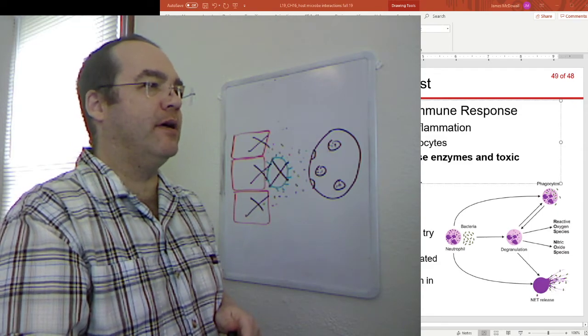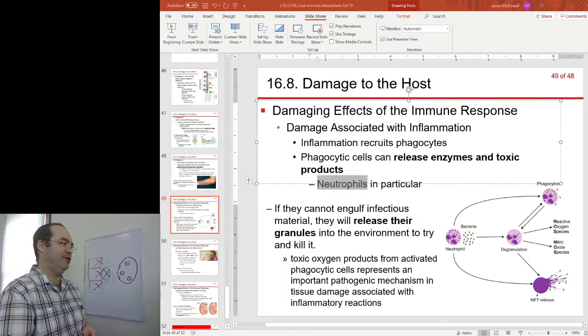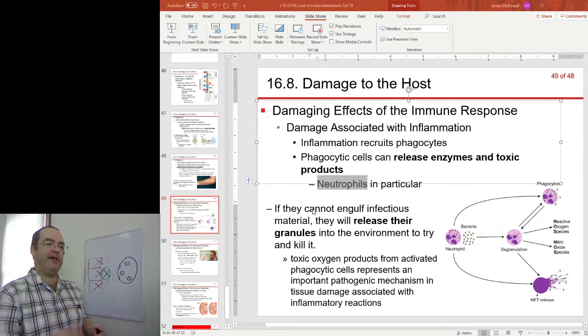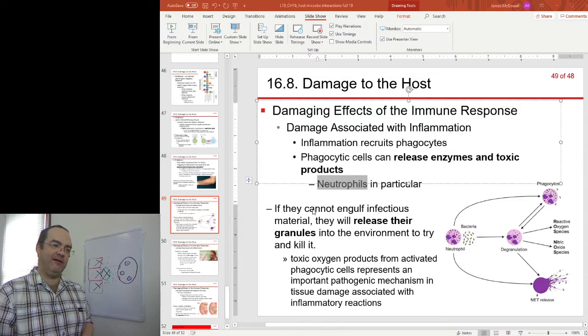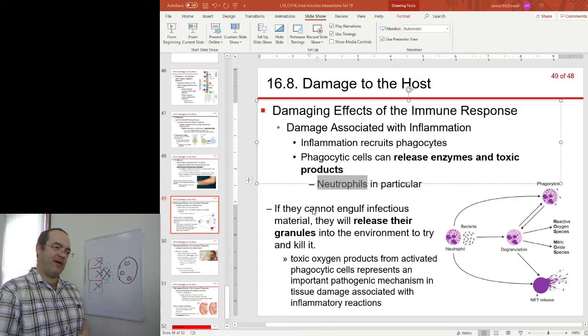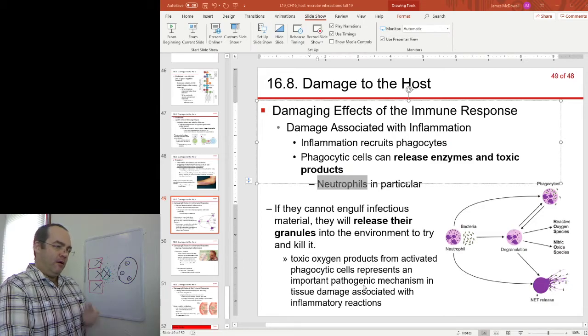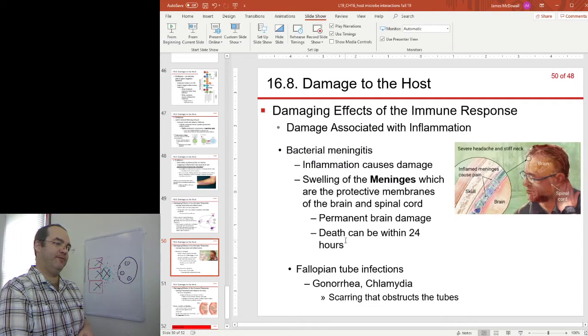Release of nets, neutrophil extracellular traps, again, bursting of the neutrophil, releasing all those toxic chemicals. Damaging tissue, part of the inflammatory reaction.